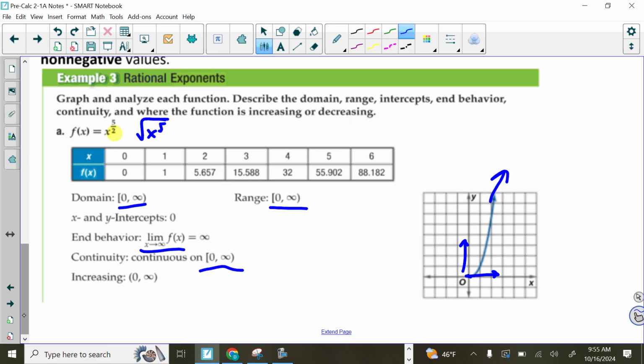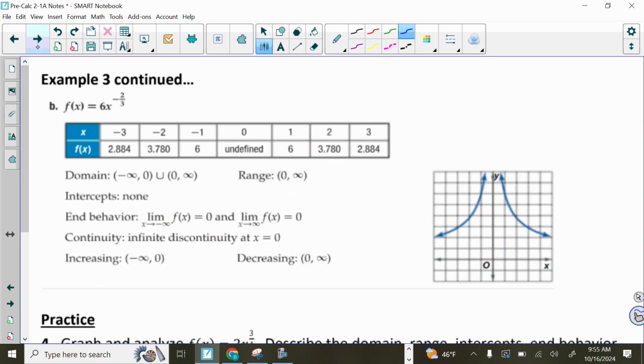Okay. So let's look at another example of that, and then you can put those answers in, pause, rewind, do what you need to do. Same thing here. We've got 6x to the negative 2/3 power, right? So this is saying the cubed root of 6x to the negative 2 power, or 1 over the cubed root of 6x squared.